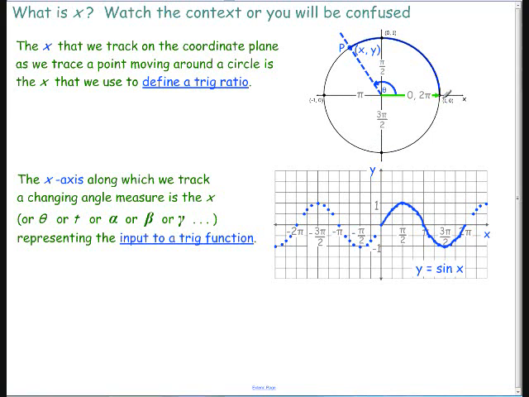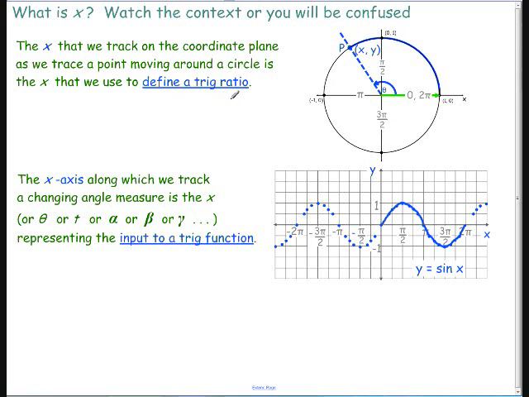We've been doing this now, and we just did it with the quadrantals, where we're looking at when x is 0 and y is 1, and then over here when x is negative 1 and y is 0, all these angles. This is when we are tracing an angle as it goes through its rotations.